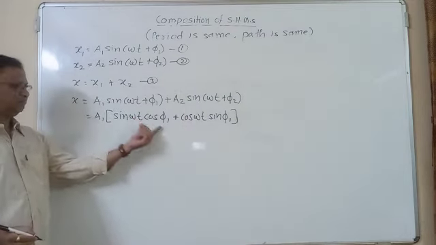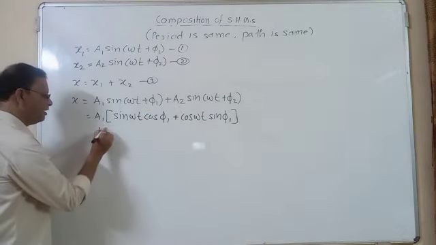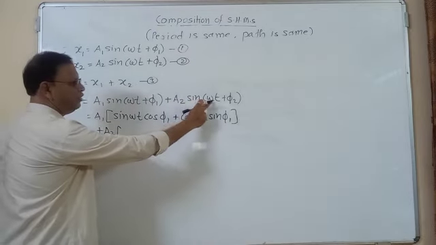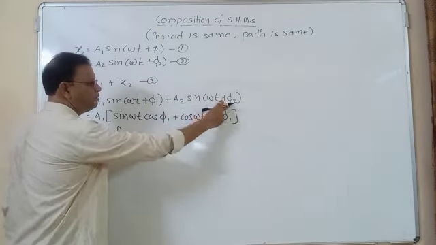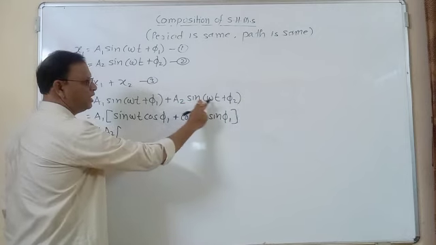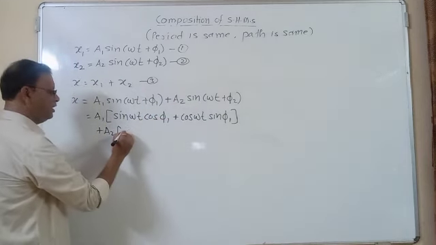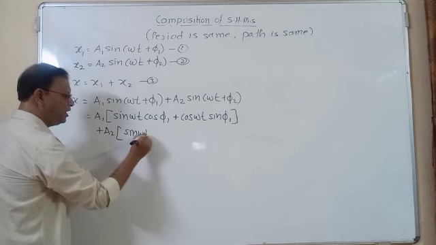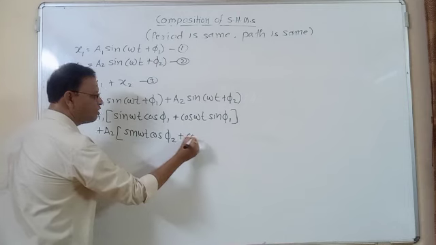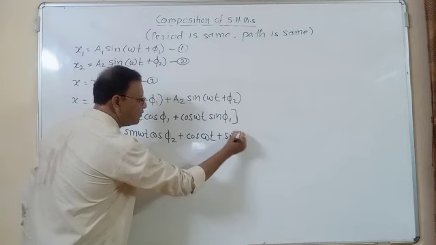This is the expansion of this term, plus a2 into, again, sin(omega t plus phi2), which is sin omega t cos phi2 plus cos omega t sin phi2.